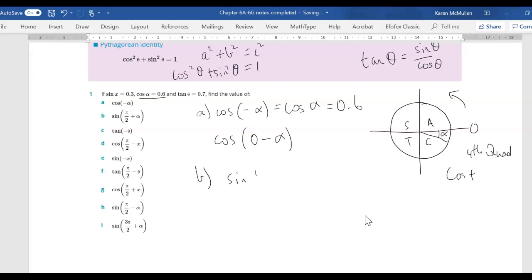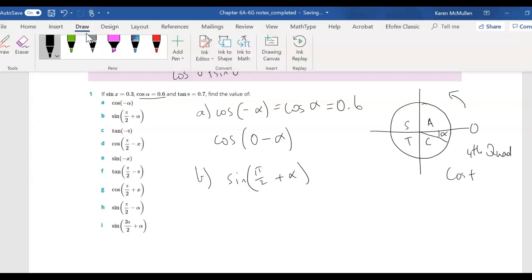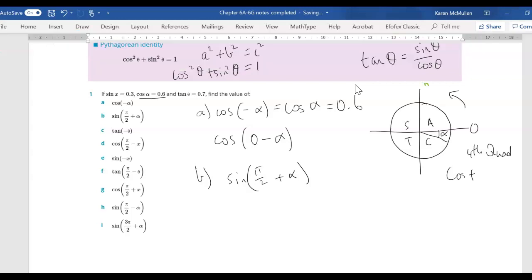Sine of pi on 2 plus alpha. Again, you need to think about which quadrant you're in. Pi on 2 is up here, and we're plus alpha, so we're in this quadrant here. Sine is positive in here.